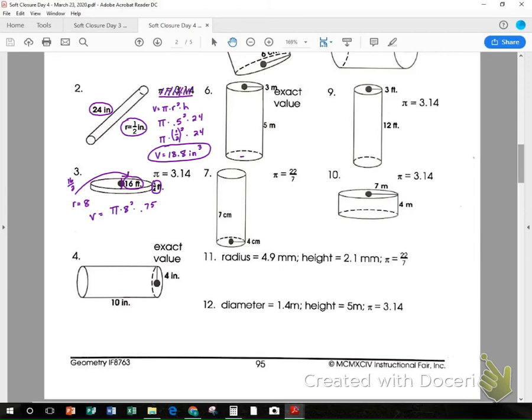Pi times 8 squared times 0.75 equals 150.79, 150.8. So the volume equals 150.8. That would be feet cubed.